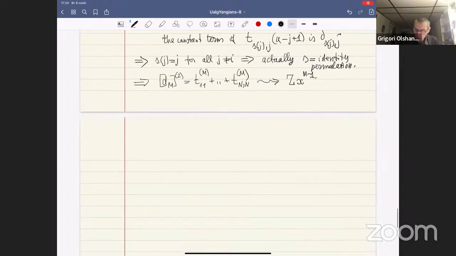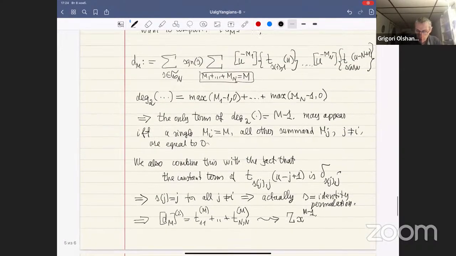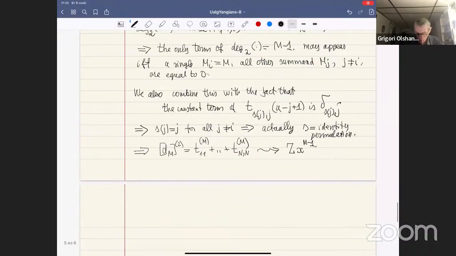And now finally, we use the evident fact. If you take the associated graded algebra of a Yangian, it gives something in the center in the grading.